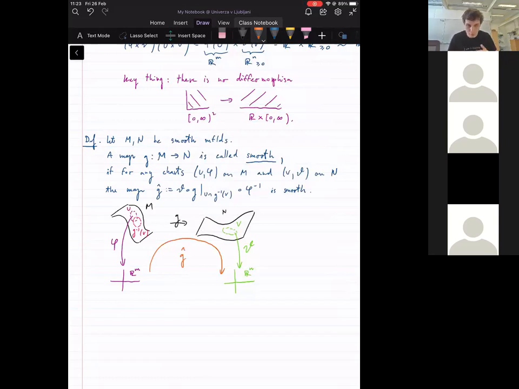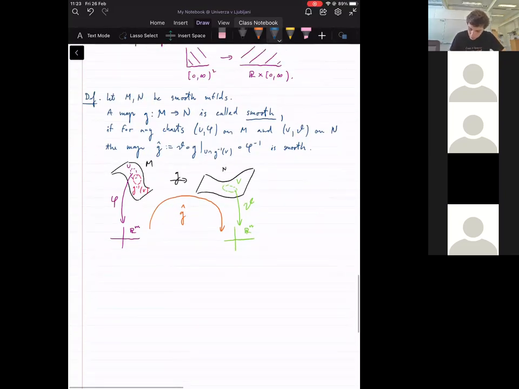And of course, we have to restrict it to an appropriate domain, right? So what would be the appropriate domain of G hat?